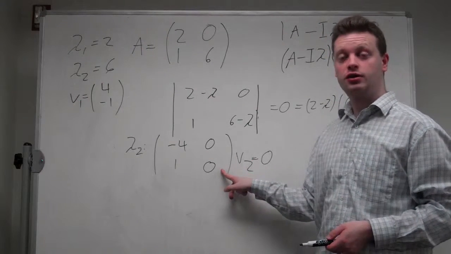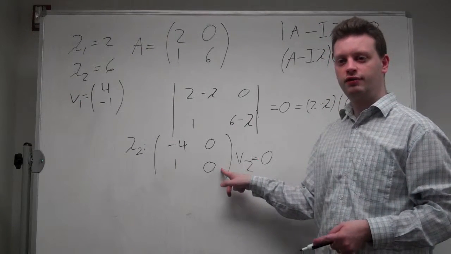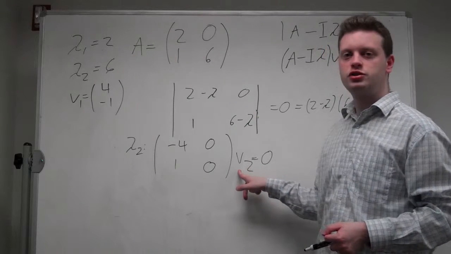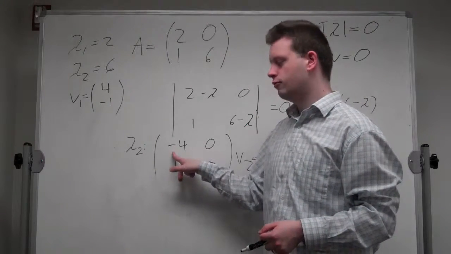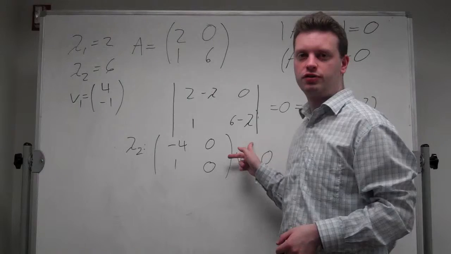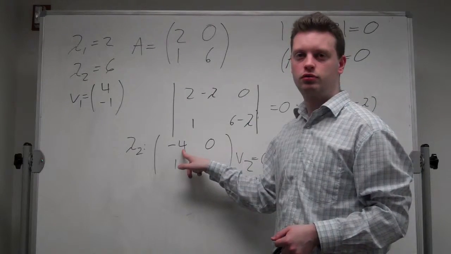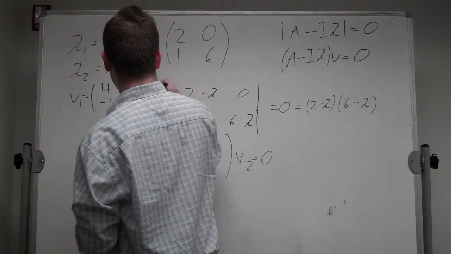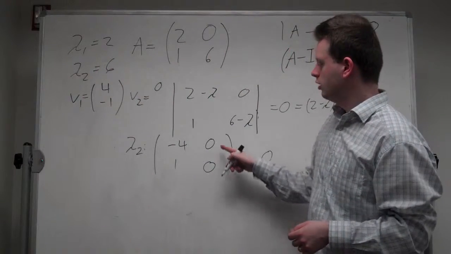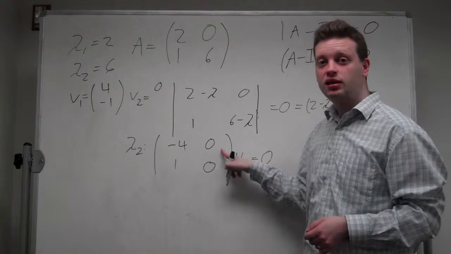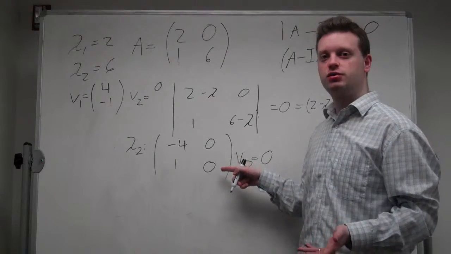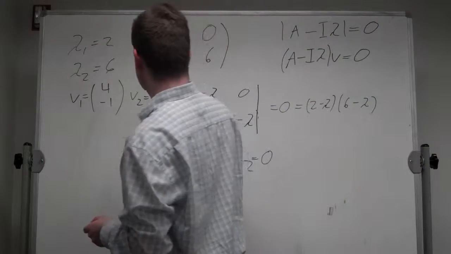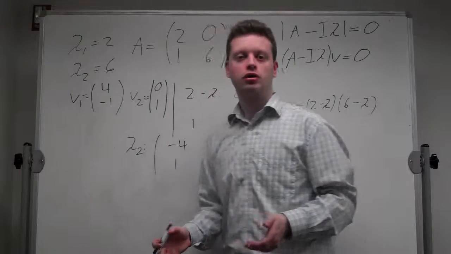But this immediately allows us to find a very simple vector that satisfies this equation. Because minus 4 times anything will never give us 0 unless that's 0. So we can immediately see that v2 has a 0 on top. But on the bottom, it can be anything, because anything multiplied by 0 will give you a 0. So we have a simple vector 0, 1, or any multiple.